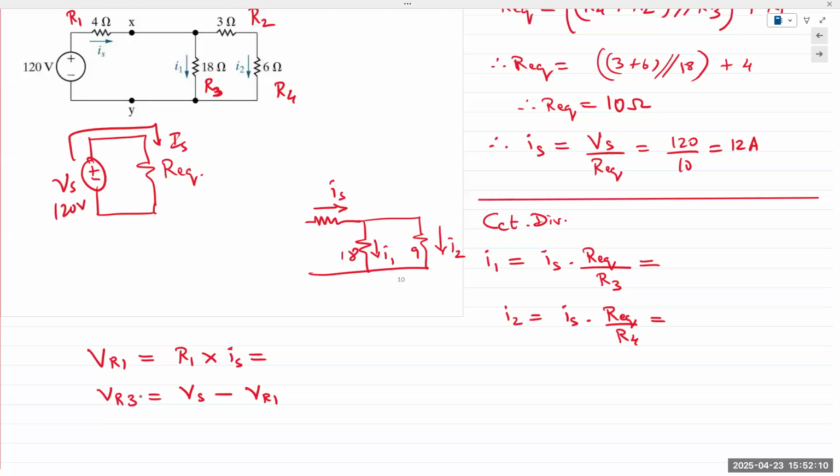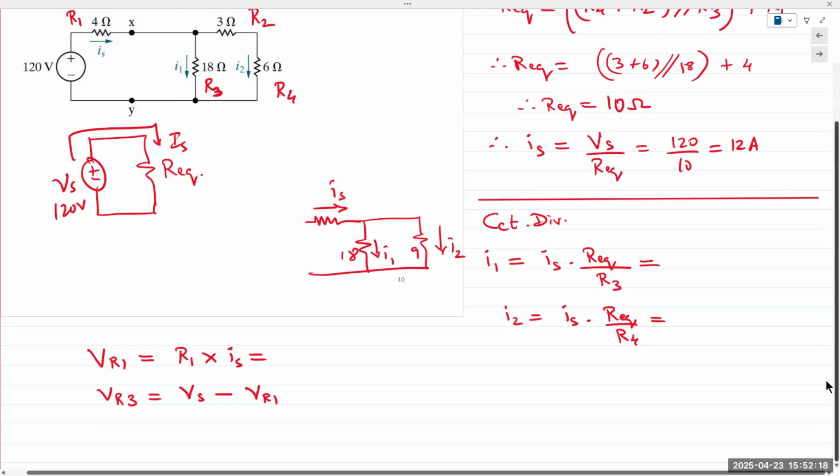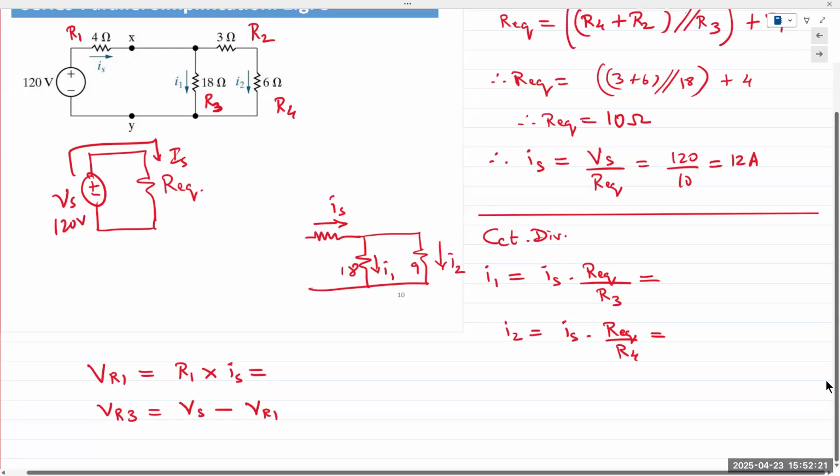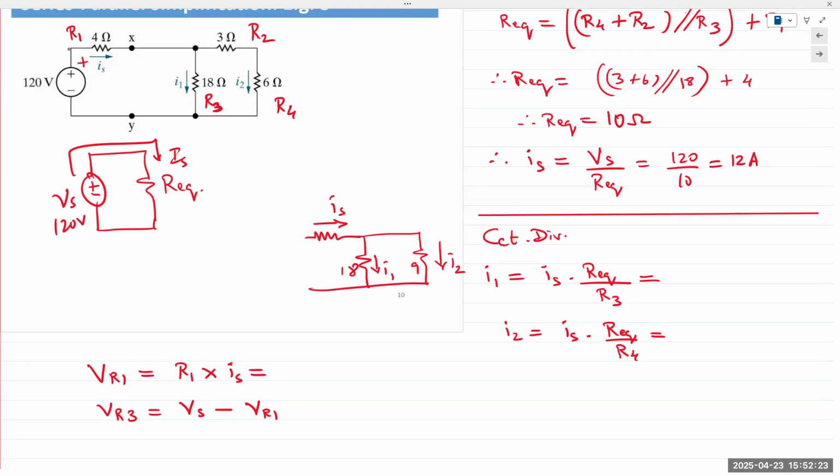Let's take a pause. Make sense? Voltage VS. Let's take a 10-second pause. And this would be VR1. This would be VR3.